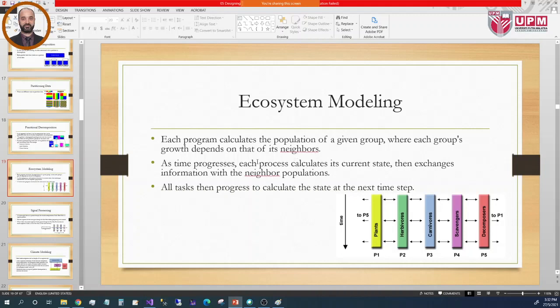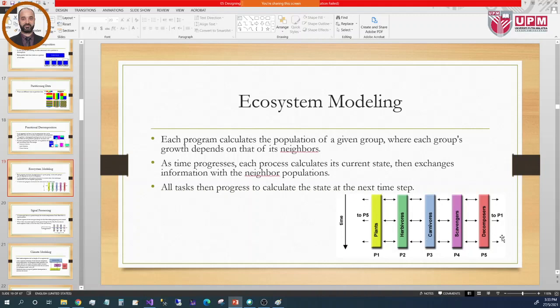As time progresses, each process calculates its current state, then exchanges information with the neighbor population. All tasks then progress to calculate the state at the next time step.